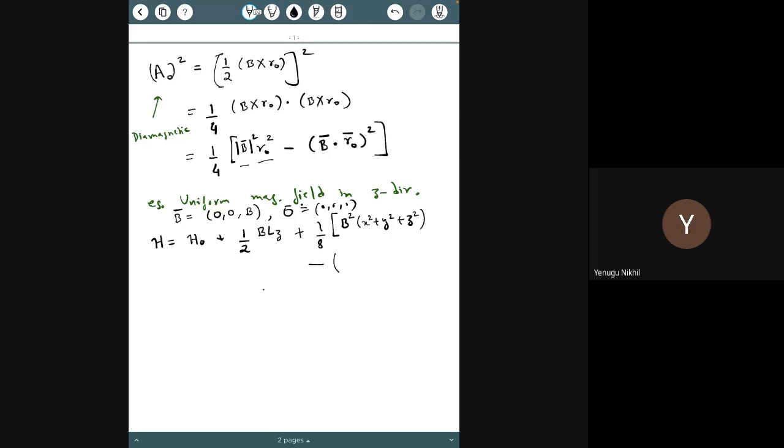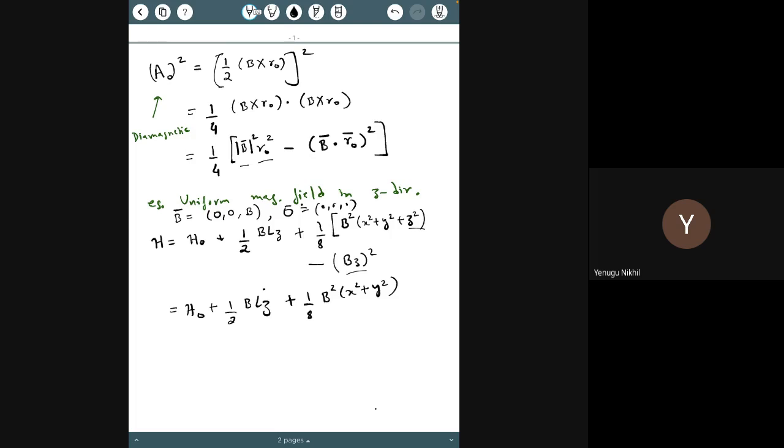Here I only have the field in the z direction, so I have B_z square. So that simplifies to H0 plus half B L_z plus 1/8 B square (x square plus y square). So the z square term gets cancelled, the B square z square term.